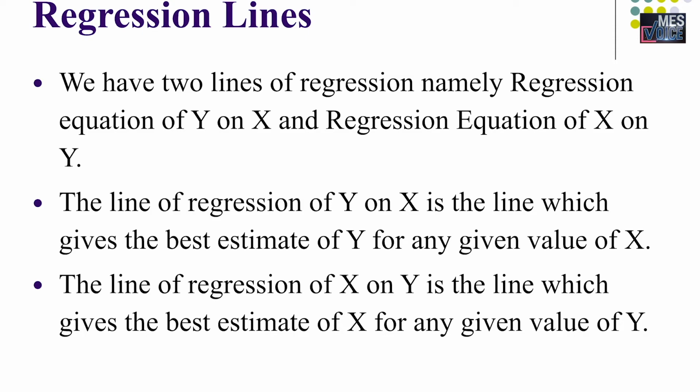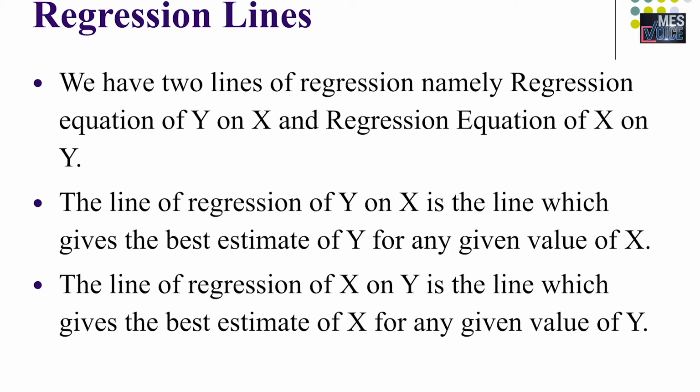Two regression lines are there, namely regression equation of y on x and regression equation of x on y. First one is the line of regression of y on x, which is the line which gives the best estimate of y for any given value of x.